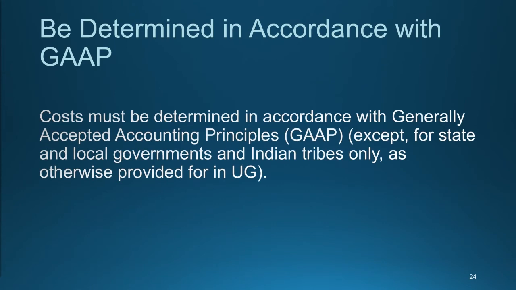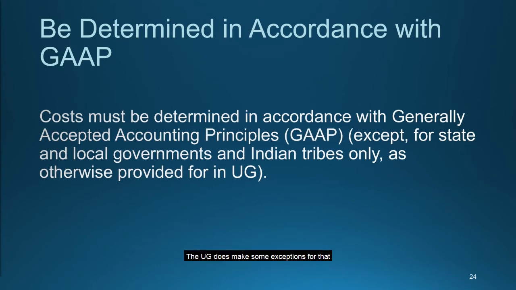GAAP. It's not the thing between your teeth. If you have a gap in your teeth, it's not that. This is generally accepted accounting principles. So this is where you definitely pull in your accountants. This is their realm, to make sure that costs are accrued, obligated, and recorded in accordance with GAAP.